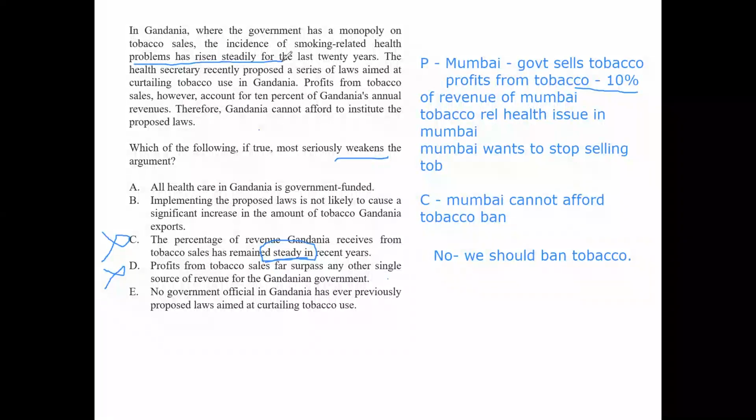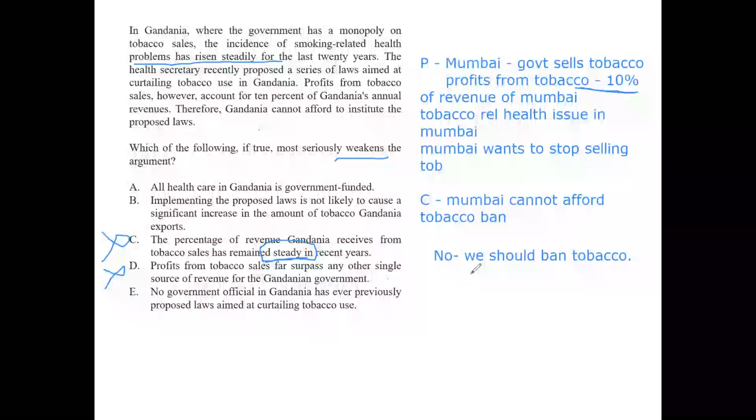If government has to pay the money, then is that an expense or income? Expense. On one side, they are getting 10% revenue, income. On the other side, they might be spending some 50% in terms of healthcare. Then where is the profit? It's all getting balanced. So which answer is saying that?